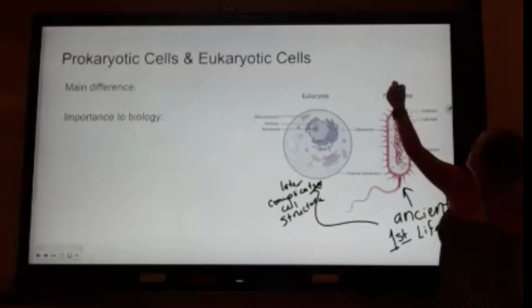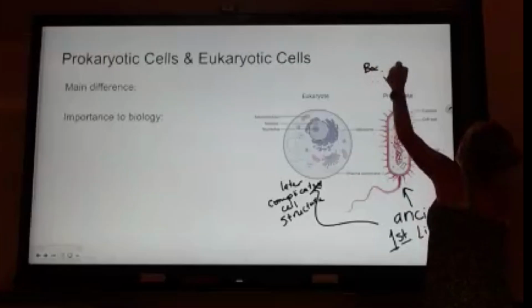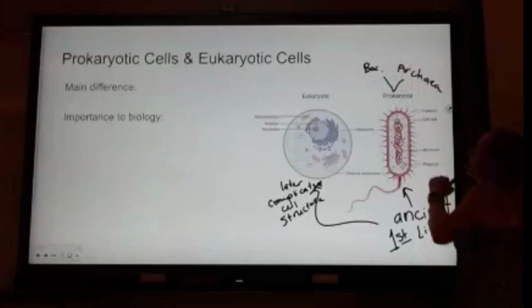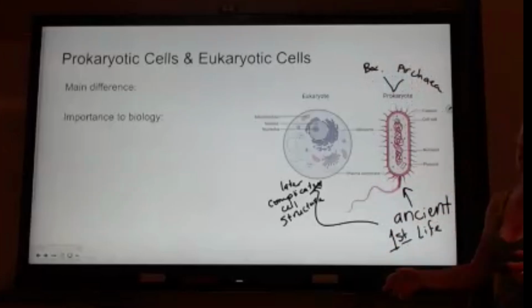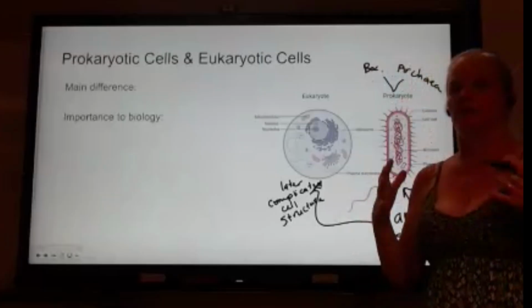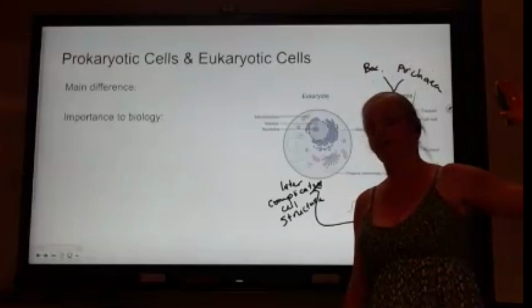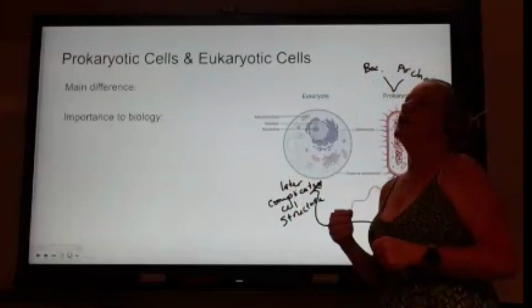So prokaryotes, these are the kinds of organisms we know as bacteria, and then archaea, which are kind of transitional. They have some characteristics of bacteria, but some characteristics of eukaryotes. And we won't spend too much time worrying about those details. When you guys take microbiology, you'll learn a lot more about the differences between bacteria and archaea.